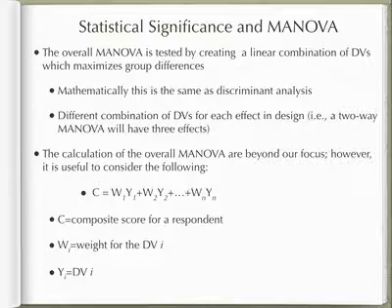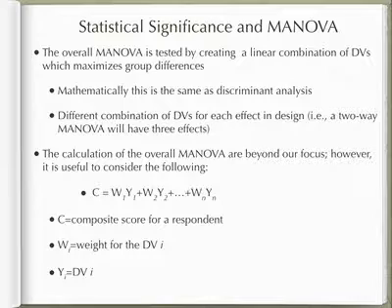And this is essentially what happens at the multivariate level, where all of your dependent variables are grouped together with some weight, and we get this composite score.